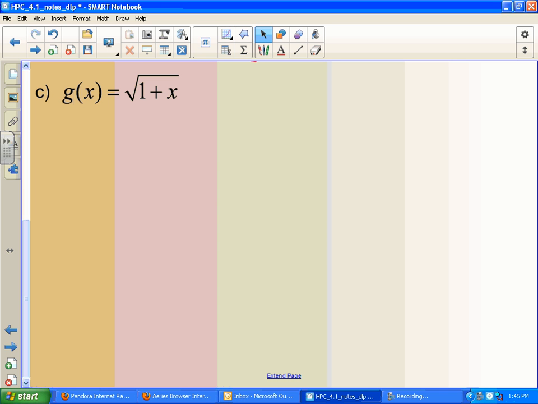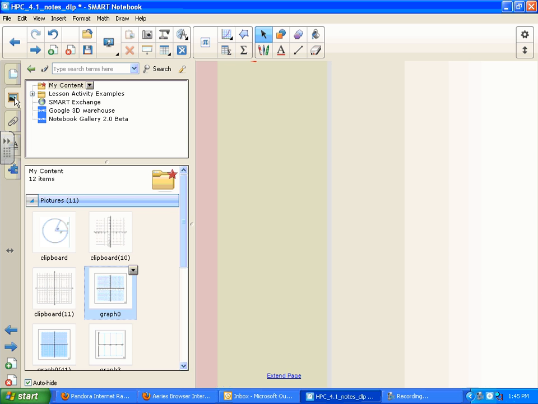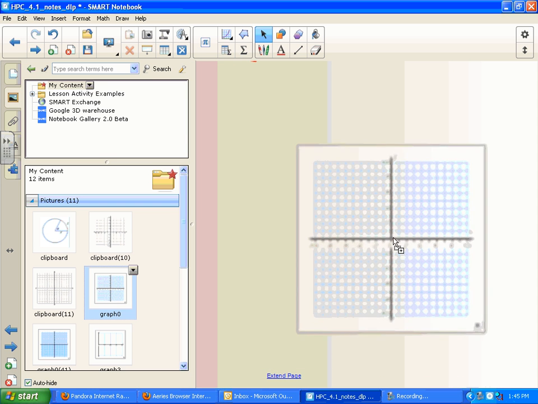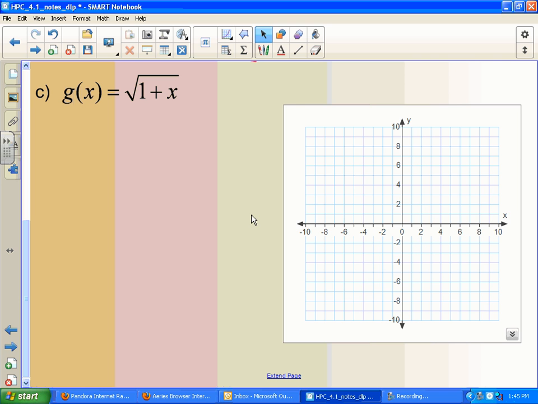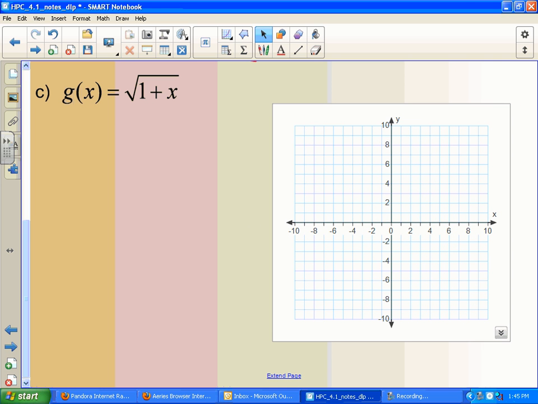You want to try that one? What would the domain of that have to be? And while you're jotting that down, maybe we'll take a peek at the graphs of these real quick. Good idea to just do some review of graphs.